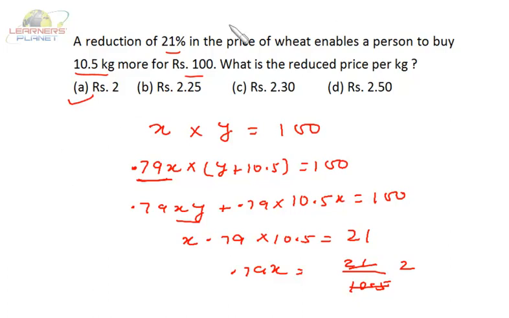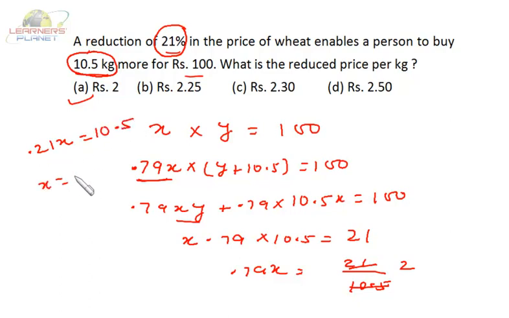Friends, there is a reduction of 21% in the price. Because of this reduction, in the new quantity we are getting 10.5 kilogram more. That means suppose the new quantity is x. So 0.21 of x is equivalent to 10.5, isn't it?